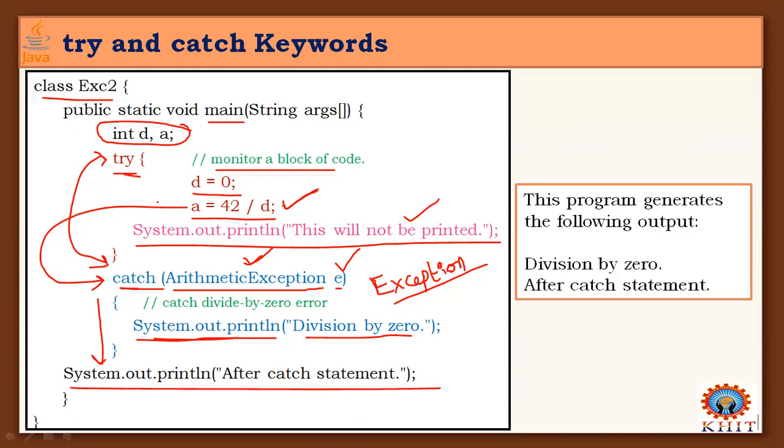By doing this try and catch block form in your program design, it handles that exception and controls your program execution to terminate normally. So it saves your program from abnormal termination. That is the thing here by using this try and catch block.